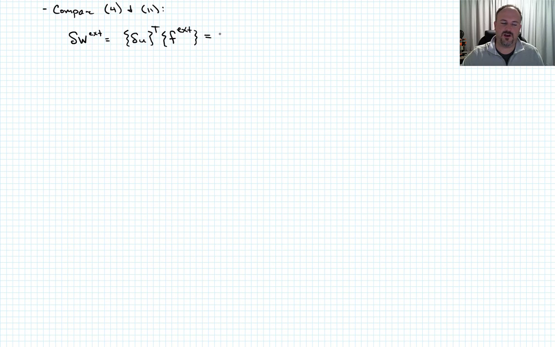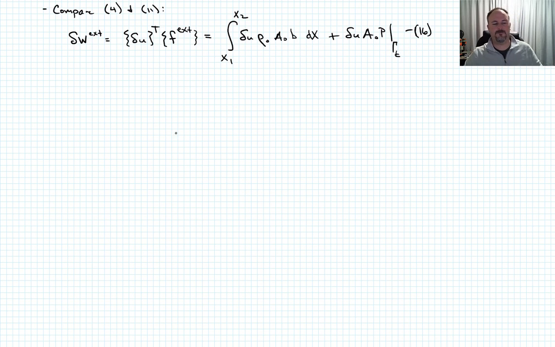And I can go back to equation 4 and write that as the integral from x1 to x2 of delta U rho naught a naught b dx plus delta U times a naught times p evaluated on the traction boundary. Call that equation 16. Okay? So again, we substitute equation 9 in. That's our approximation for delta U. Into 16.